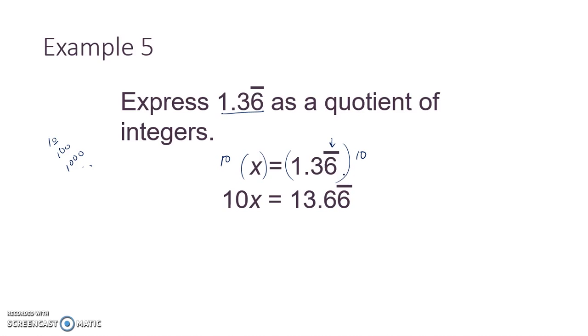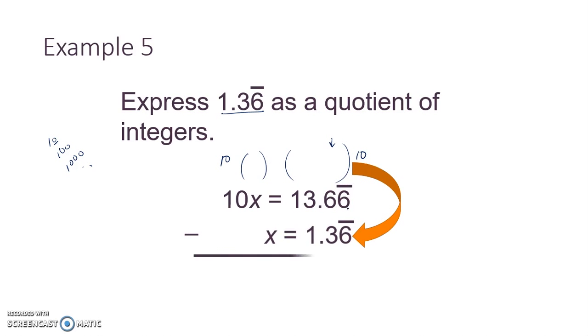Then we're going to subtract a value of x and the value of our 1.36 with the 6 repeating from the 10x equals 13.6 repeating. Remember, we're allowed to do that because of the property of equality, which says as long as you do to one side what you do to the other, we're good to go. And because x is equal to 1.36 repeated and 1.36 is equal to x, we are subtracting the same values from each side.